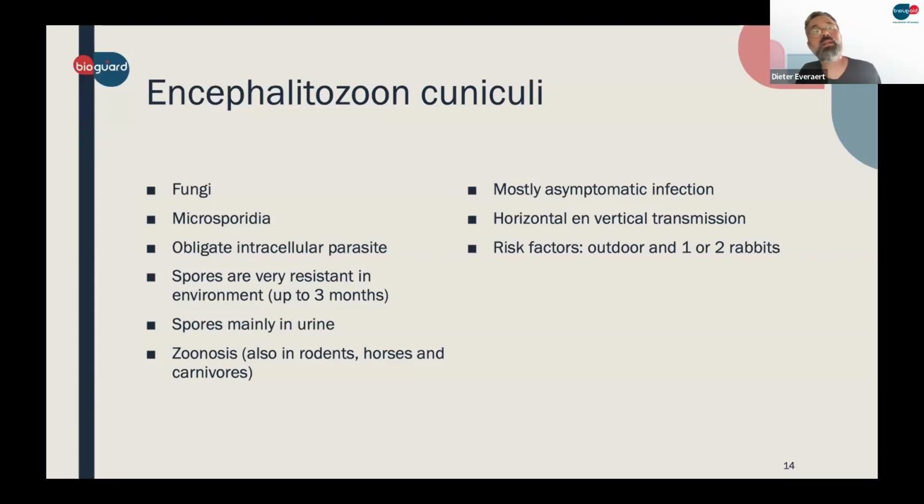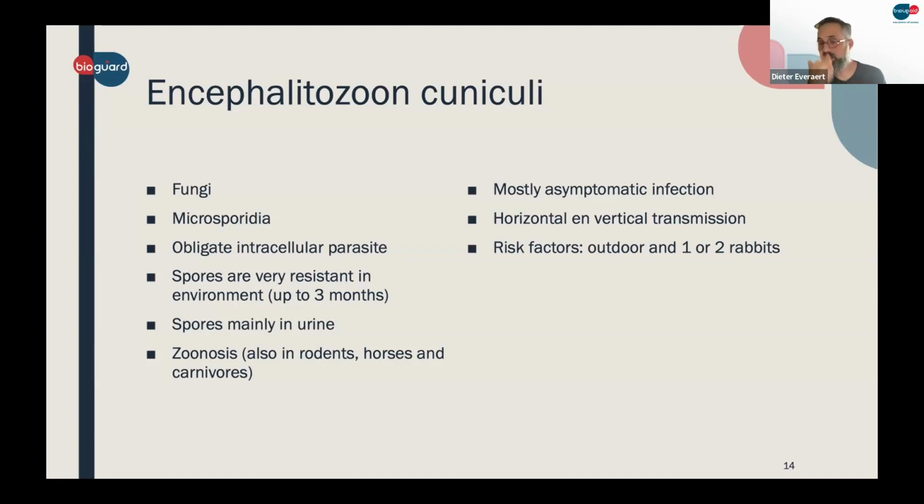So they did some studies to see which kinds of rabbits are more susceptible to Encephalitozoon cuniculi, meaning where IgG antibodies were more often found. They saw that it's more common in outdoor rabbits, probably because there is a chance of contact with wild rabbits shedding it in the urine.